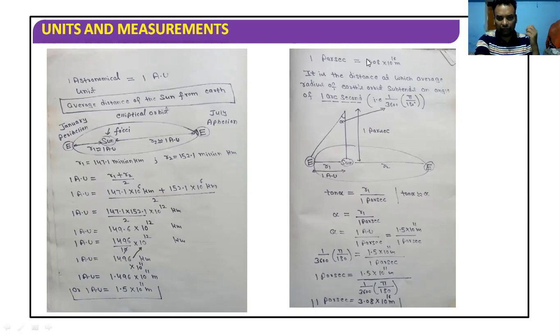So which type of distance is this? It is a distance at which the average radius of the earth orbit, earth is orbiting around the sun in a particular orbit, so we take the average of that, subtends an angle of 1 arc second, and 1 arc second is 1 upon 3600 multiplied by pi upon 180.